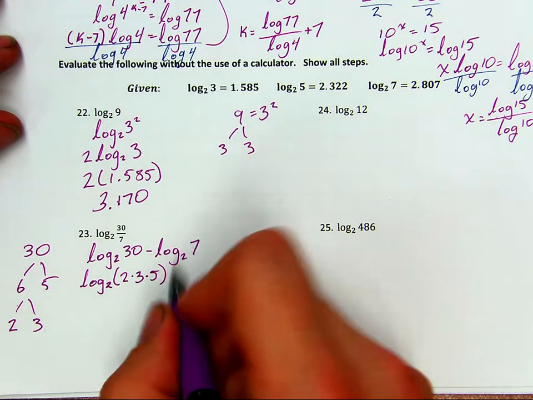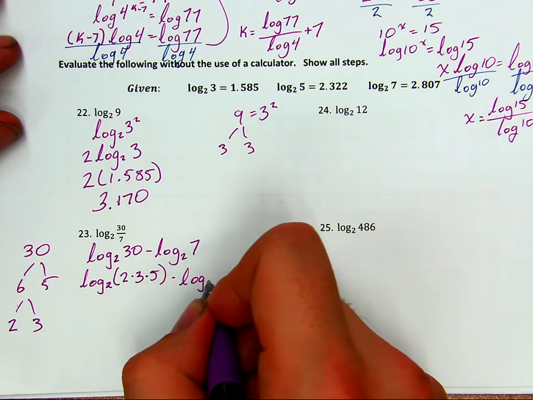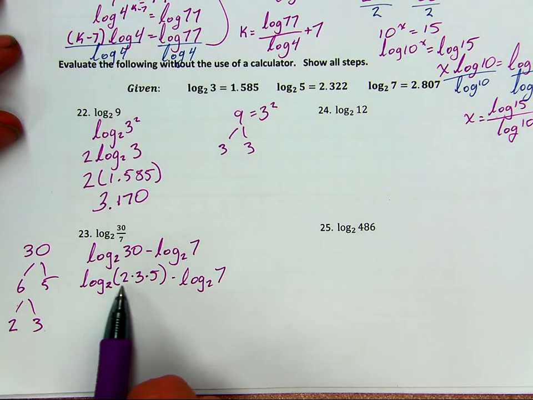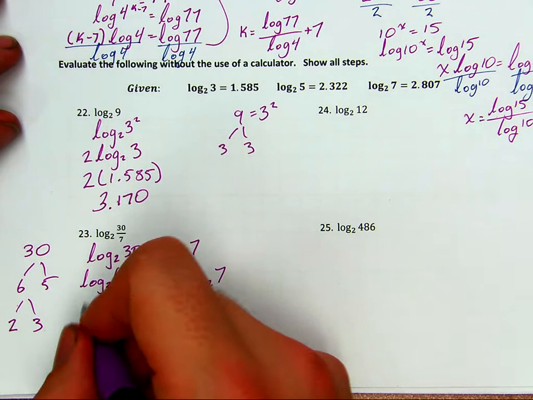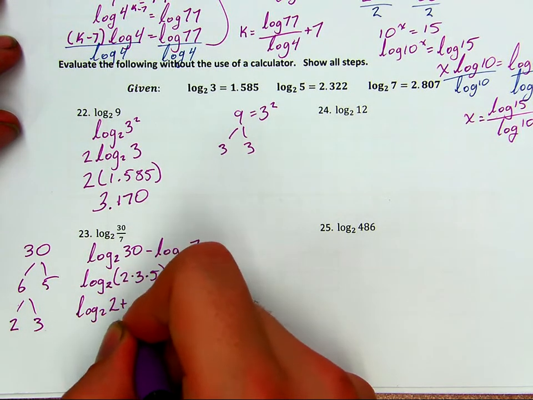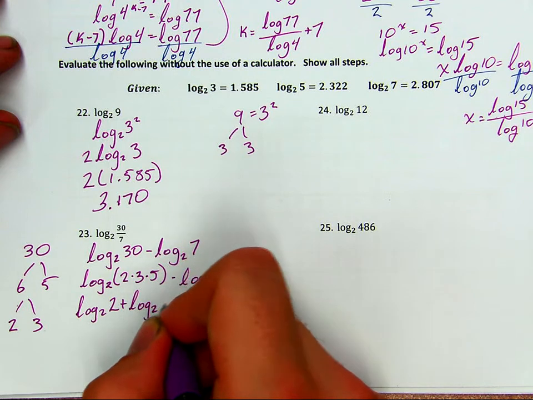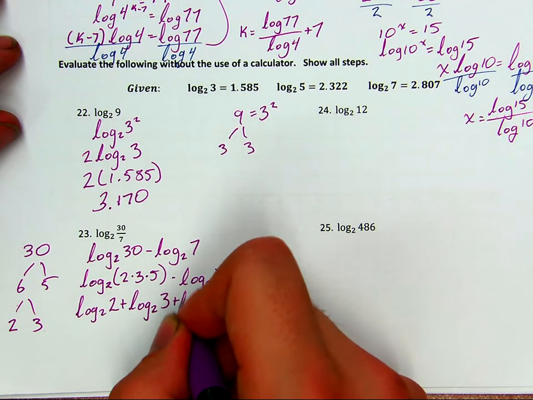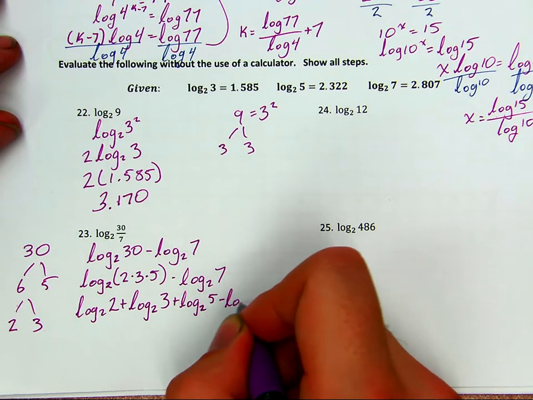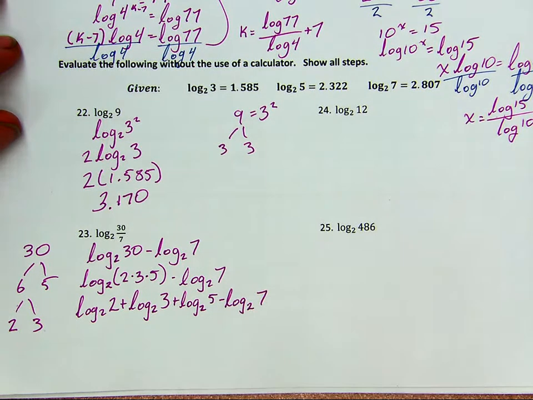Now, because we have this multiplication inside of the logarithm, we want to use our product rule to split that apart. Using the product rule, we get log base 2 of 2 plus log base 2 of 3 plus log base 2 of 5 minus log base 2 of 7. Now we have this logarithm fully factored. We can start evaluating each of these logs.